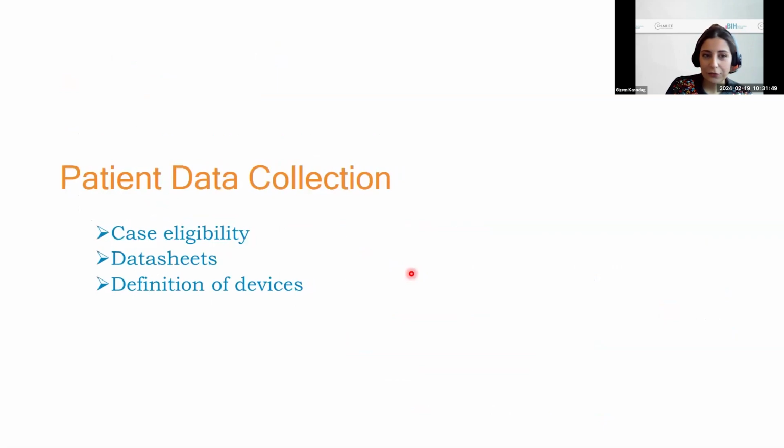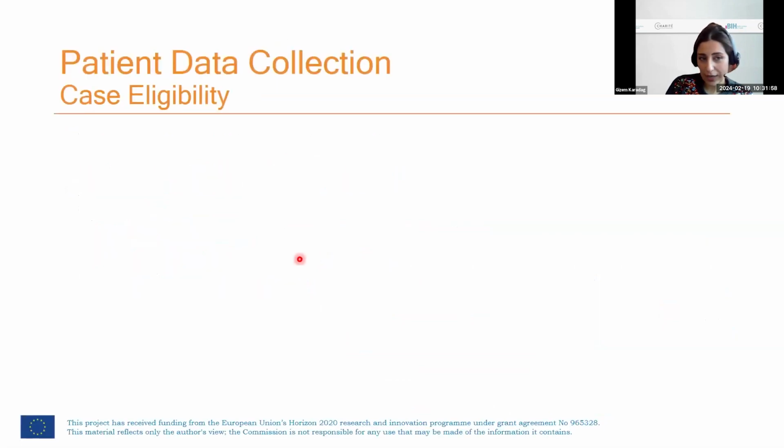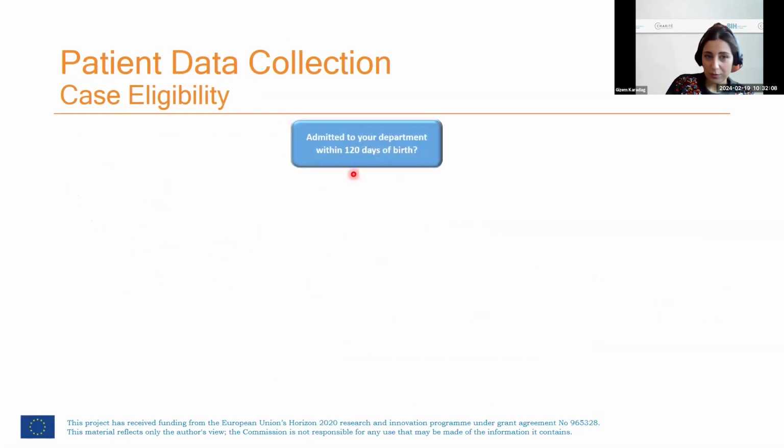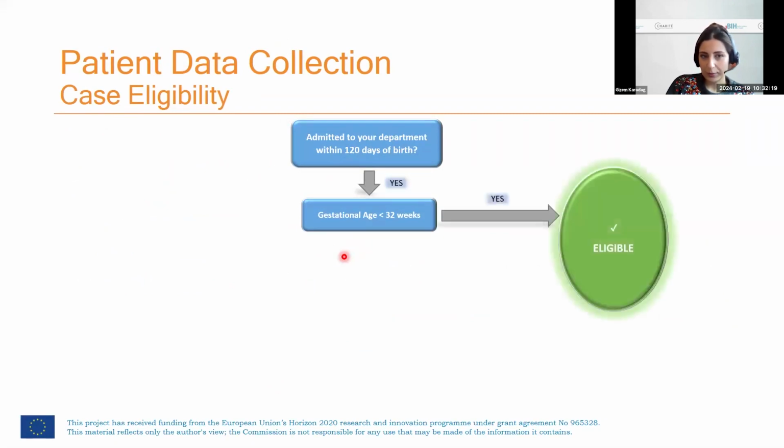As I said, that's the data that we should collect from each eligible patient that is admitted to your department. So eligible patient for NeoIPC eligibility. What does that mean? I start with this. If the patient is admitted to your department within 120 days of birth, and their gestational age is under 32 weeks, that is an eligible patient for NeoIPC.